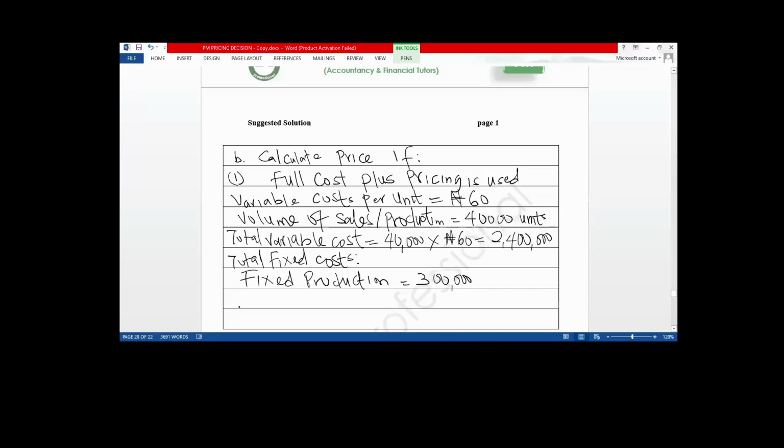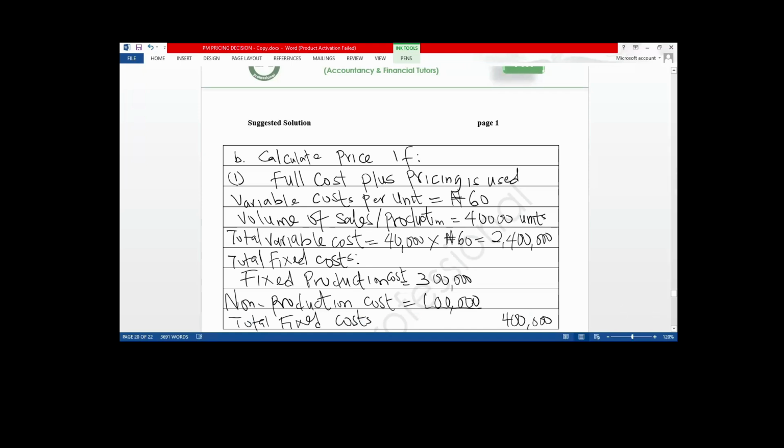How much, please? 100,000. This non-production cost 100,000. That means the total fixed cost is 400,000. Our total fixed cost is 400,000.